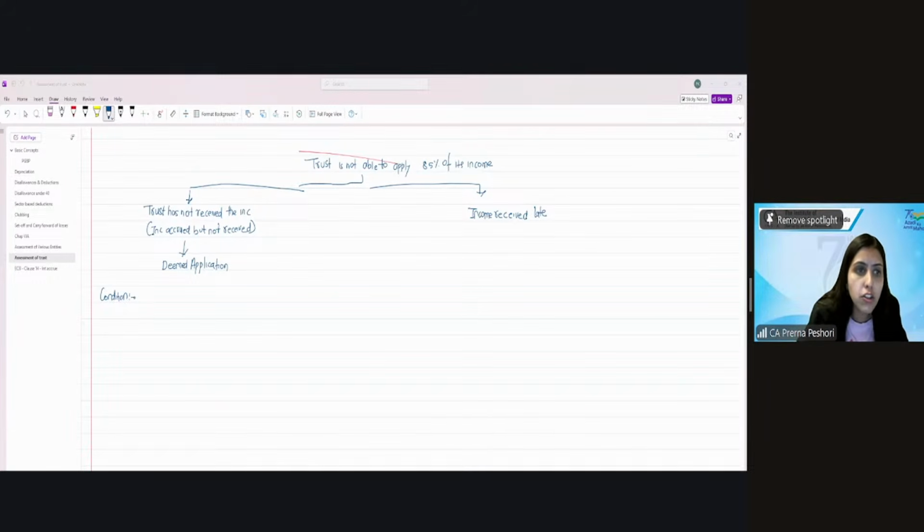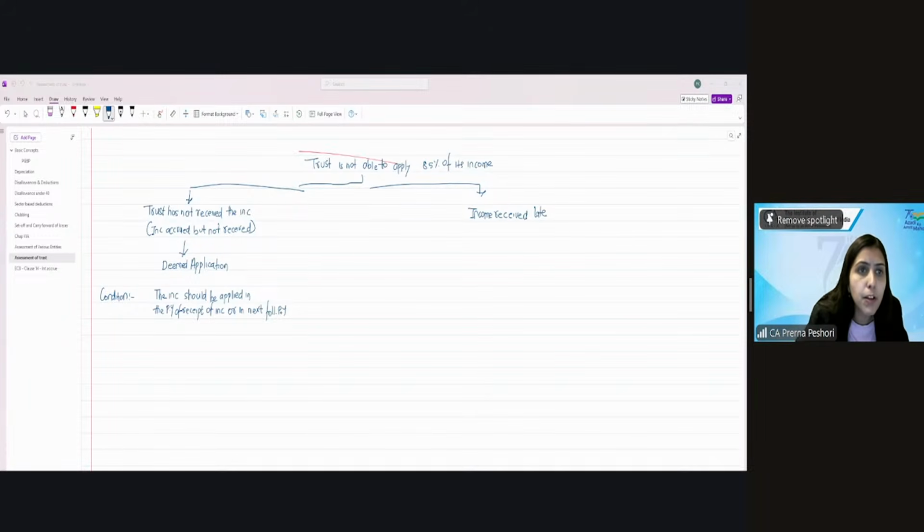So the condition is the income should be applied in the previous year of receipt of income or in the next following previous year.